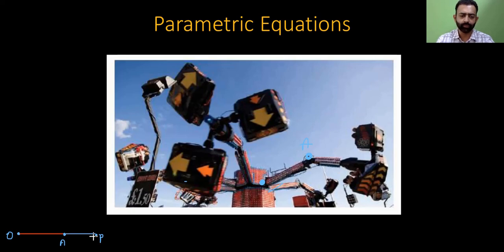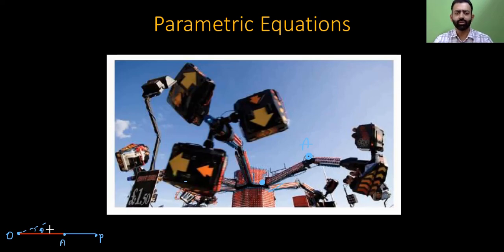Now as your ride rotates, there is a relation between the amount of rotation of the branches OA and AP. And what is this condition? Let us assume that if the branch OA is rotating by an angle theta, then AP will rotate twice the angle that OA rotates, right?